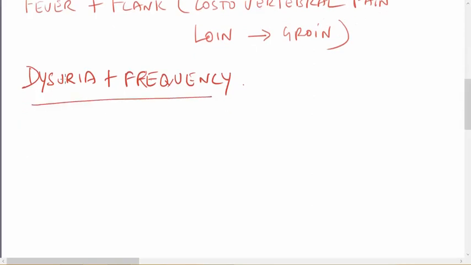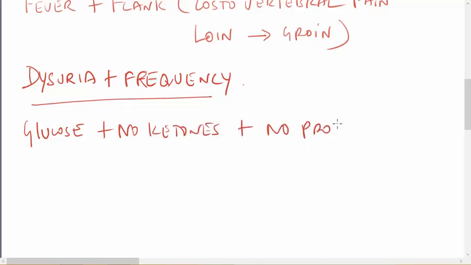Then another thing they found is the urine examination reveals glucose, glucosuria, but no ketones plus no proteins. What are they telling in this?